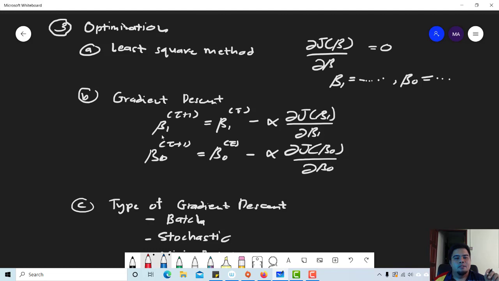When you see that the new beta 1 is not so much different from the old beta 1. The same goes for beta naught: the difference between the old and the new is not significant at all, meaning it has already converged. That is the condition where you stop updating your beta.